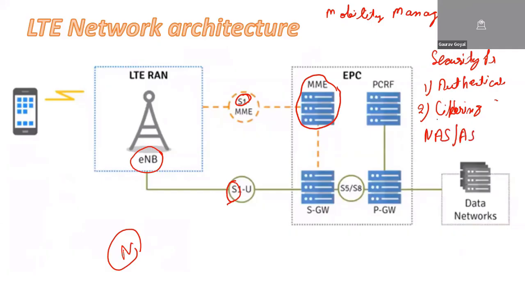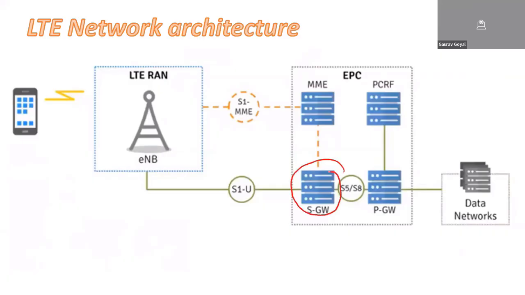The main function is idle mode paging control. So these are the main functions of the MME. One is idle mode UE paging control, and then it performs security procedures: authentication, ciphering, and integrity protection.